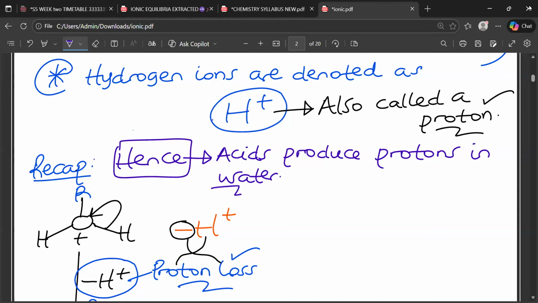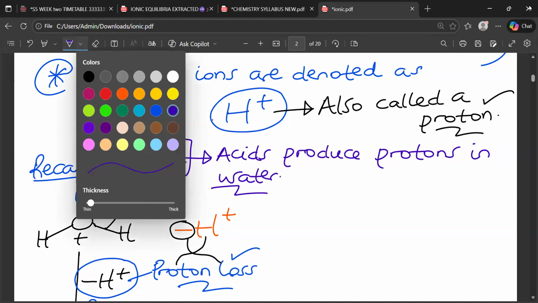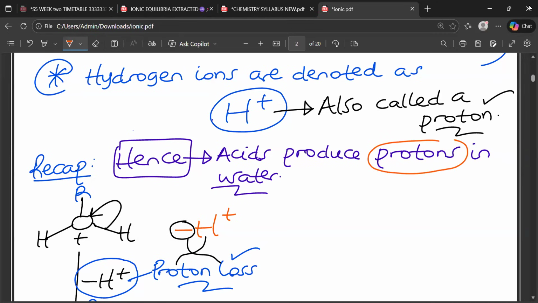And I told you that when they say in water, they mean ionizes. So if acids produce protons, because all we know is they produce hydrogen ions, but hydrogen ions are also called what? Protons. So if they produce protons, are they proton donors or proton acceptors?